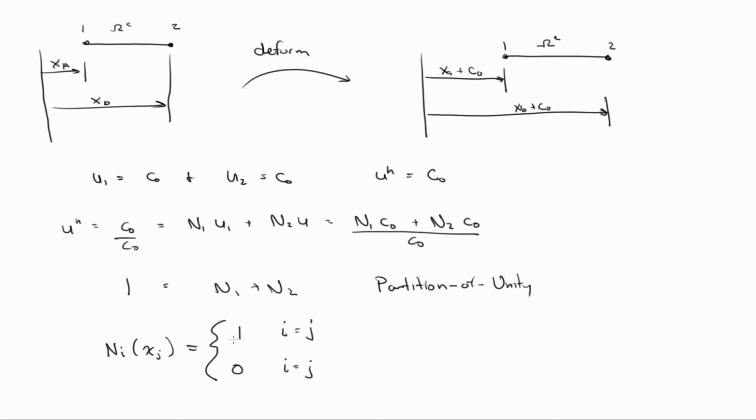I was going to ask, does this look familiar? Of course, this is the Kronecker delta function, so this is the so-called Kronecker delta property.